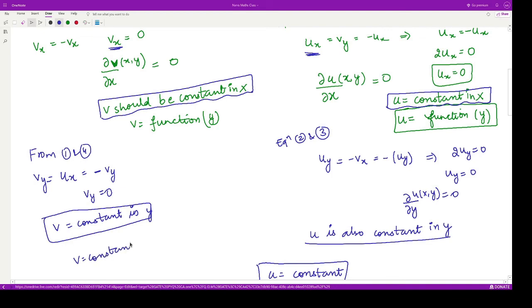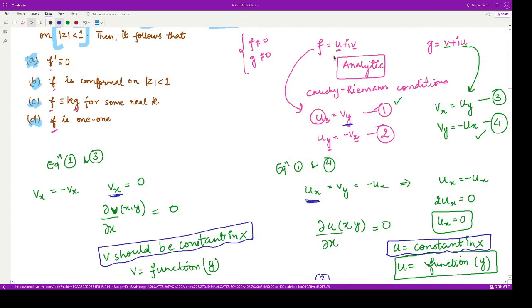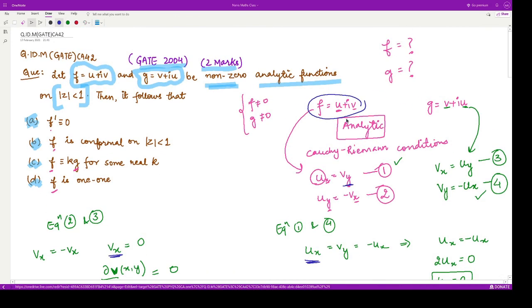If u is constant, v is constant, that means the function f defined by u plus iota v is also a constant. If this function f is overall constant, that means its derivative is equivalent to 0. So from here we saw that option 1 appears to be the correct one.